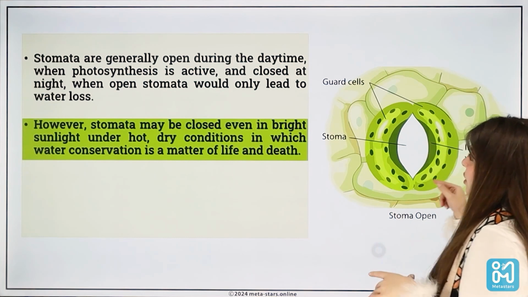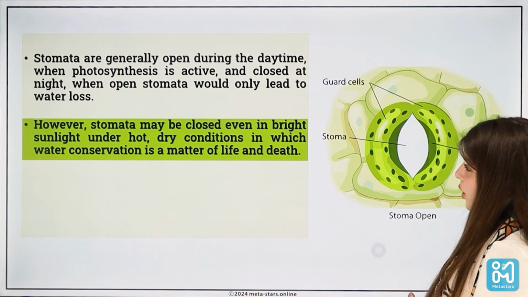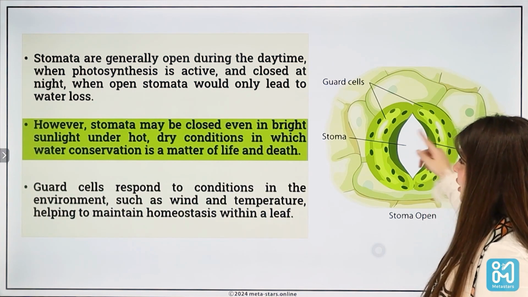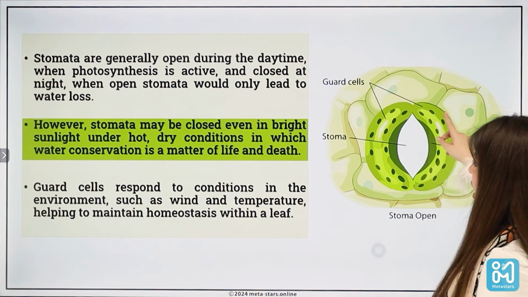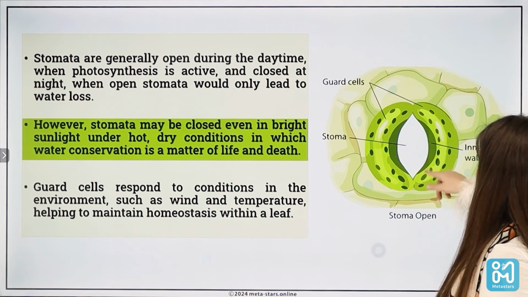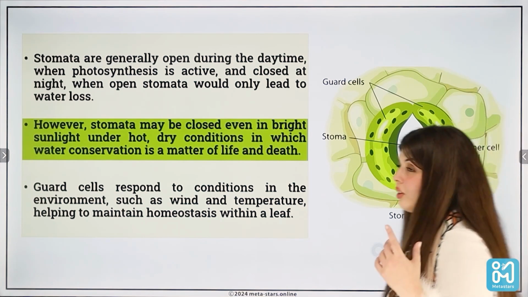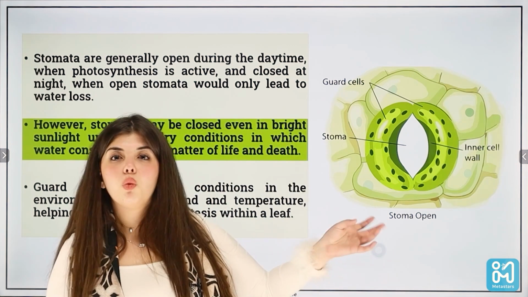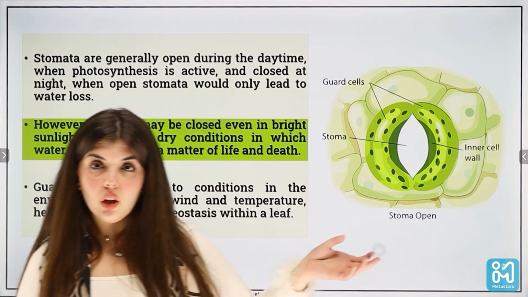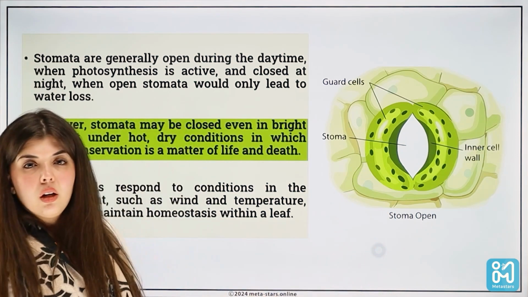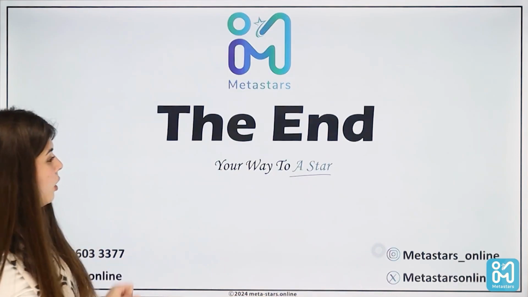The plant will have dehydration, a water loss, okay? And it can also close in hot, dry conditions for water conservation, okay? Because if it doesn't conserve and save water, it will lead to dehydration, then the plant will die, okay?